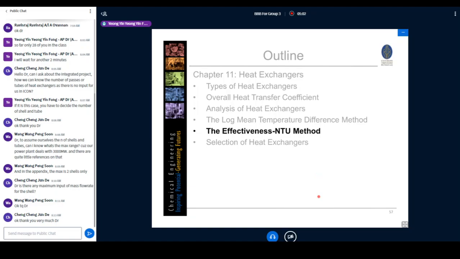Okay, so after the effectiveness NTU method, I will summarize the assessment of Process Heat Transfer, and how far we have completed the number of assessments and how many assessments remain, and we have to complete it within these 2 weeks.